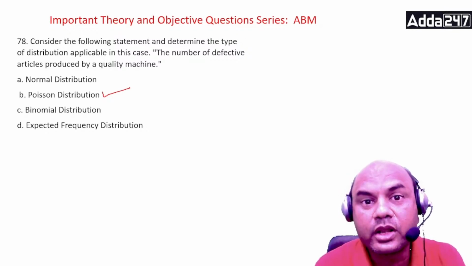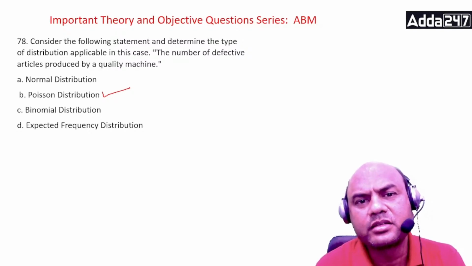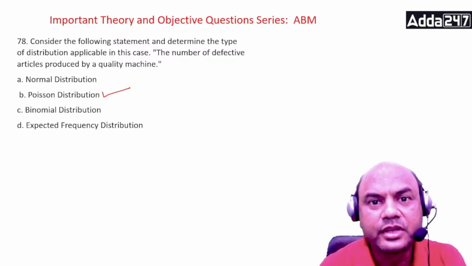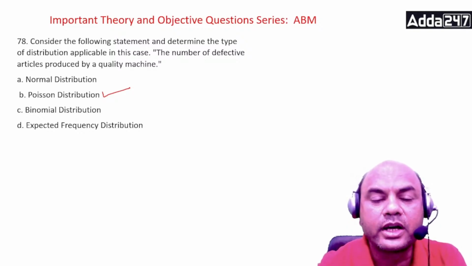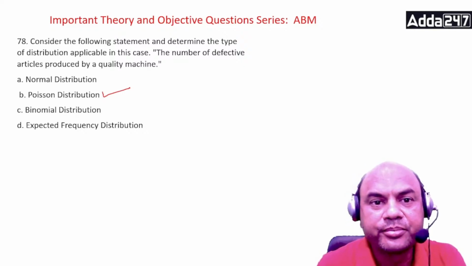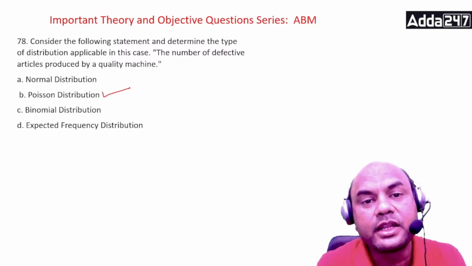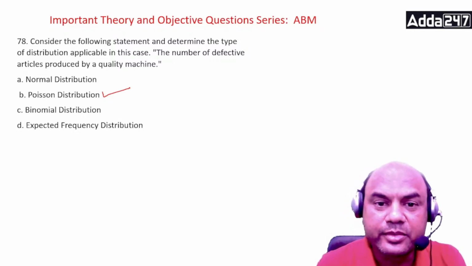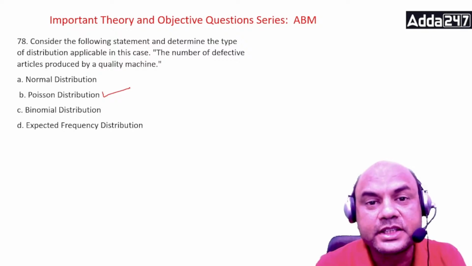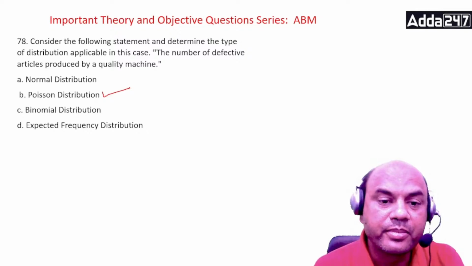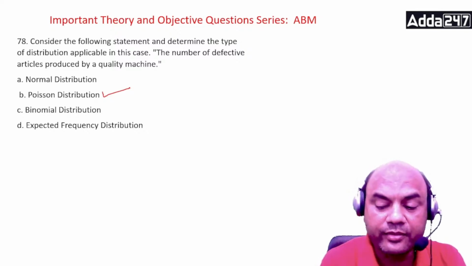Suppose there is an electricity failure for 2 hours every day in my area. What is the probability that within the next 1 day I'll have an electricity failure? That is basically Poisson. Always remember, something constant is happening in Poisson.